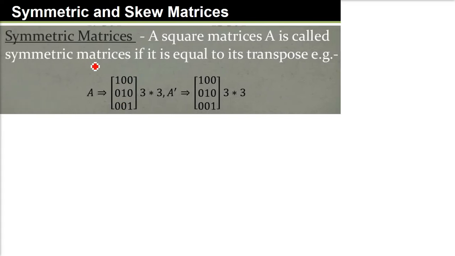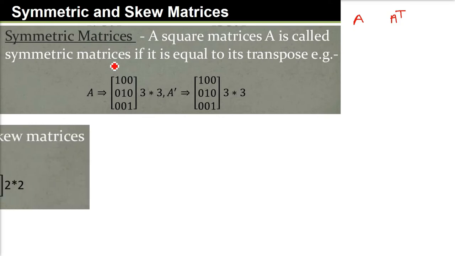Symmetric and skew matrix. For this we need to understand the transpose. A transpose is simply changing the rows to columns or columns to rows. If I have a matrix A, A transpose is simply where we have converted rows into columns. Two things can happen.